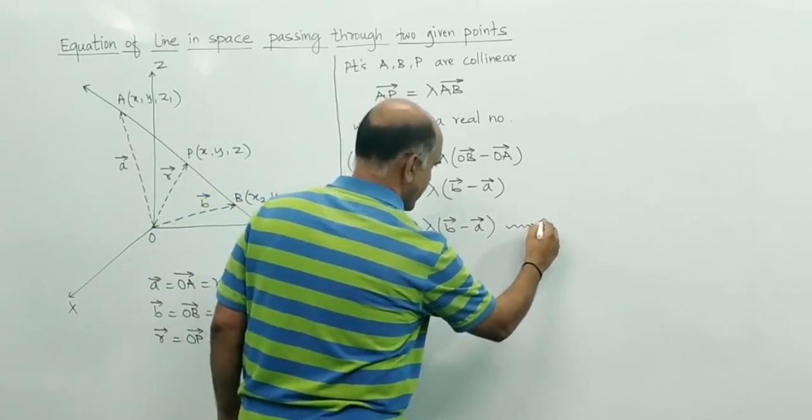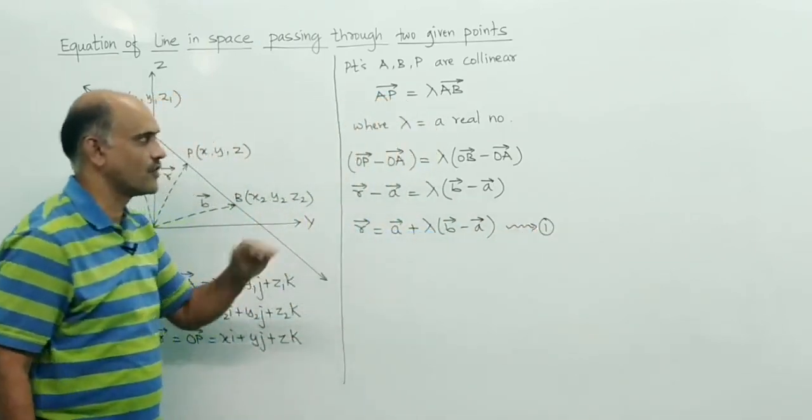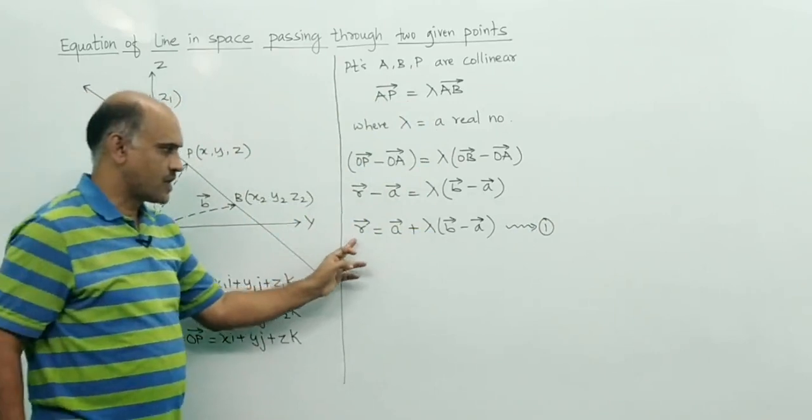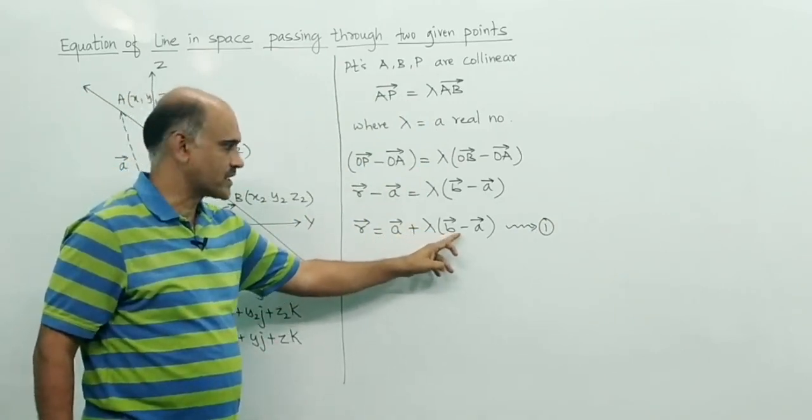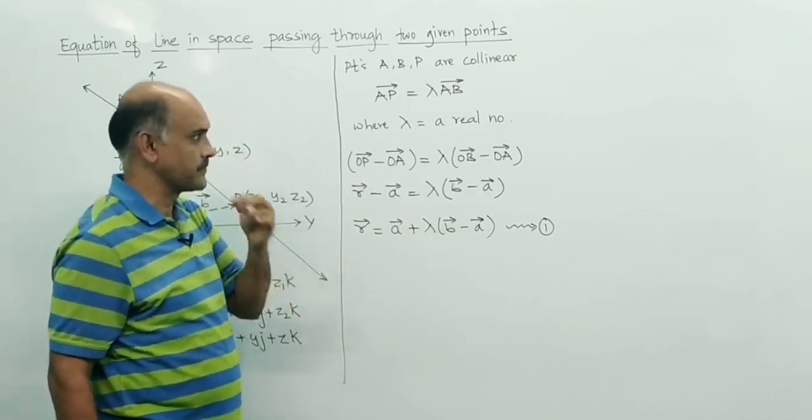This is equation 1, the vector form of the straight line: R is equal to vector A plus lambda times (vector B minus vector A).